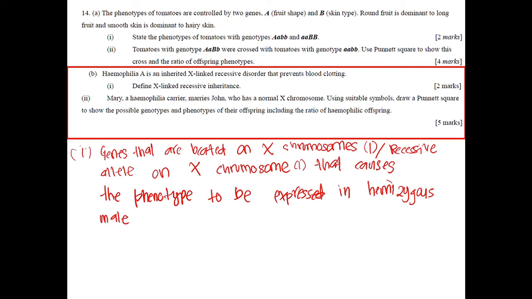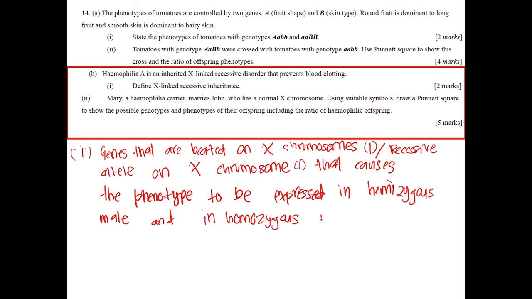So itu maksudnya hemizygous. So kalau dia receive satu copy X chromosome, kalau dia receive gene yang recessive, so that phenotype will be expressed. Walaupun cuma ada satu copy, sebab satu copy lagi Y chromosome yang tiada gene tu. Itu untuk male. Meanwhile, in female, it will only be expressed in homozygous condition.